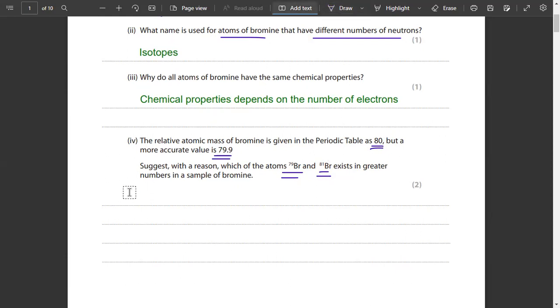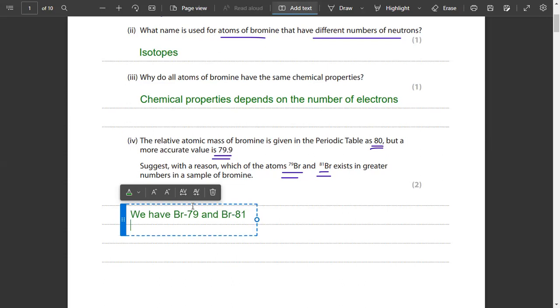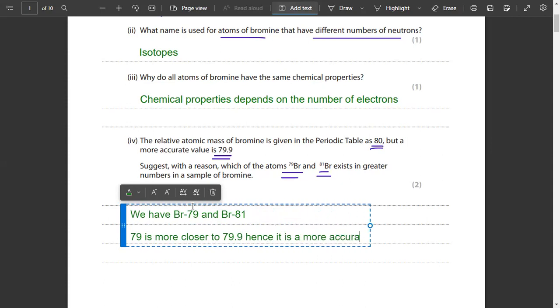Obviously, 79 is closer to 79.9. Hence it is a more accurate value.